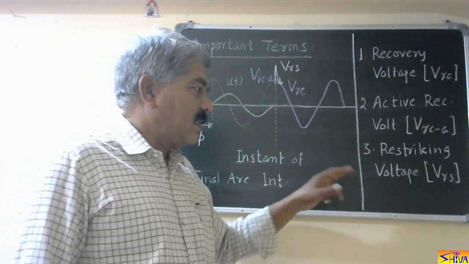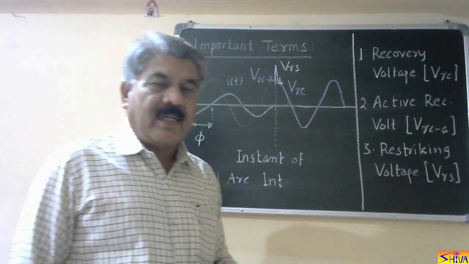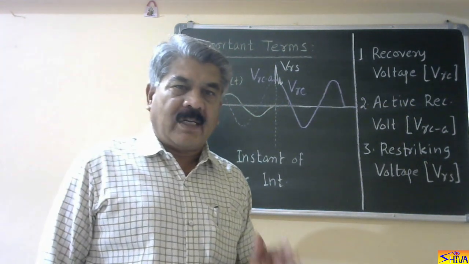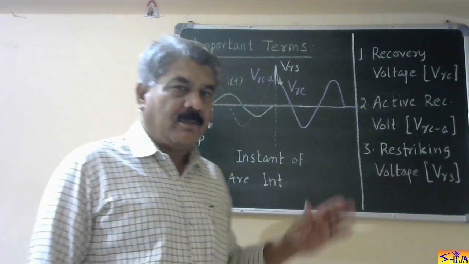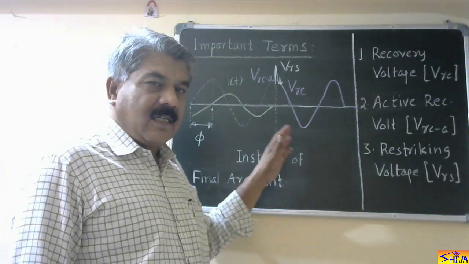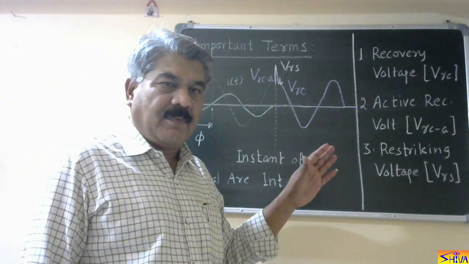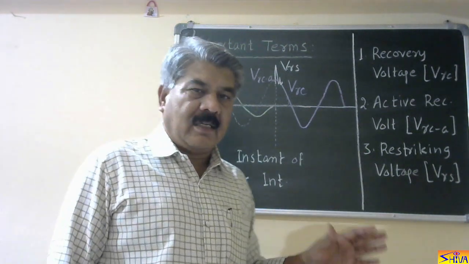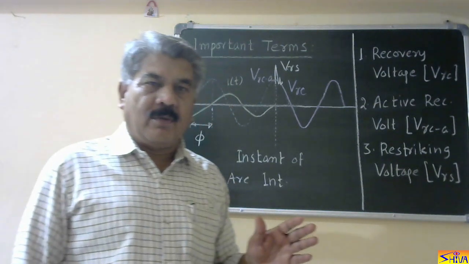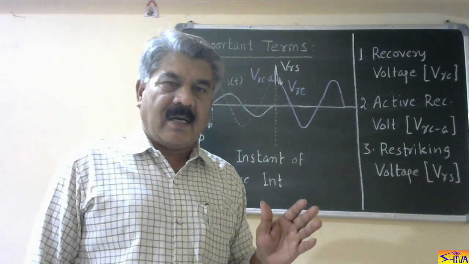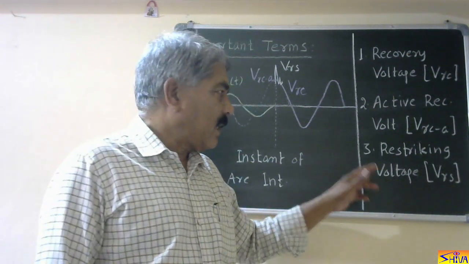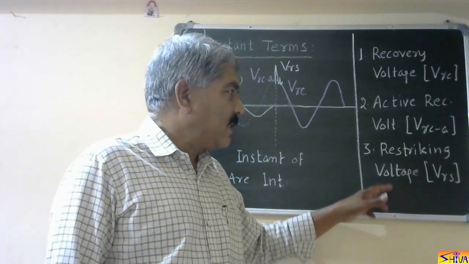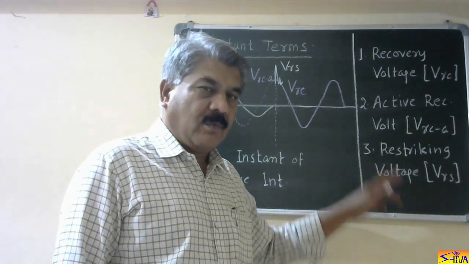And third is restriking voltage. The definition is the transient voltage which appears across the breaker poles at the instant of arc interruption or after the final arc interruption is called restriking voltage. So it is a transient voltage. It is also called the transient recovery voltage.